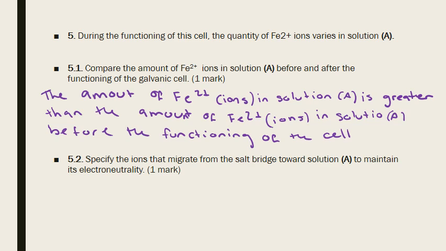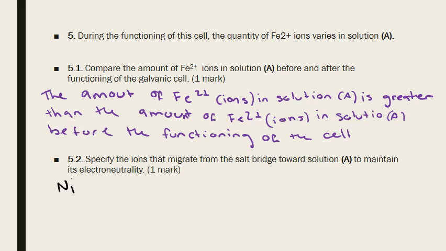Specify the ions that migrate from the salt bridge towards solution A to maintain the electroneutrality. So because we've got a greater amount of Fe2+, we've got this positive charge which is increasing, we have to neutralize it with a negative charge.